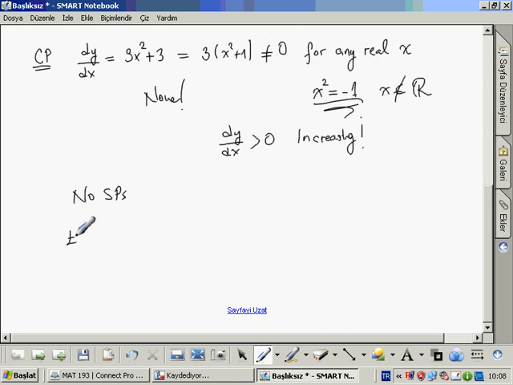And so no singular points for this function. For endpoints, we can say f of minus 1 equals minus 3, and f of plus 1 equals plus 5.